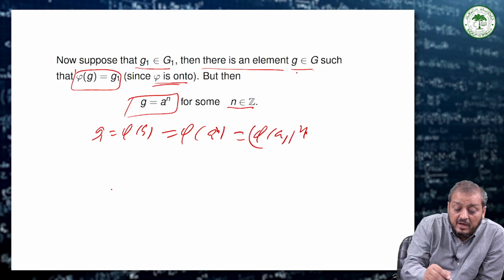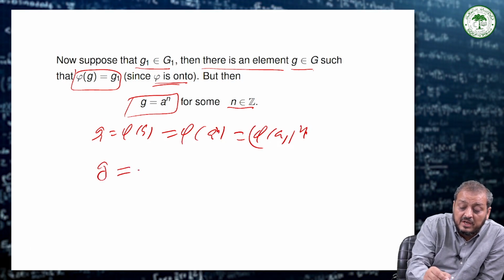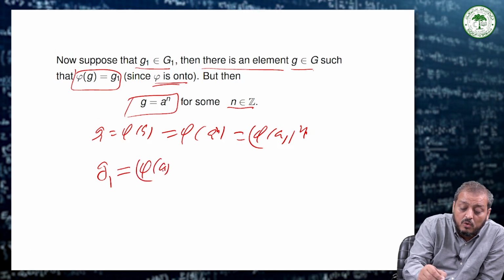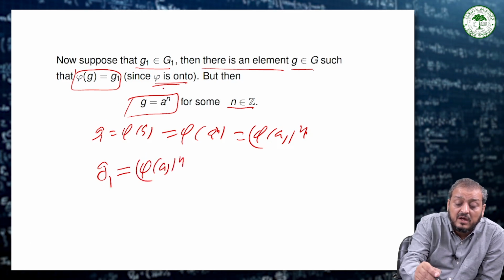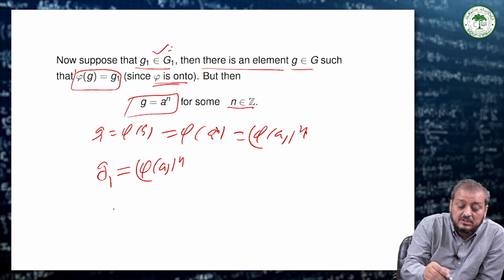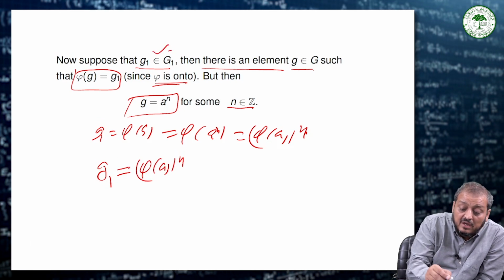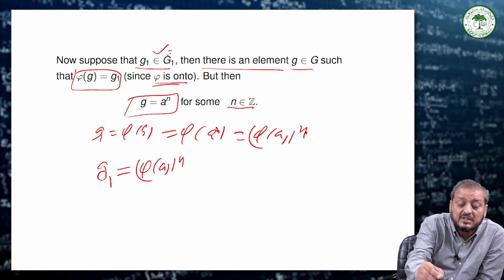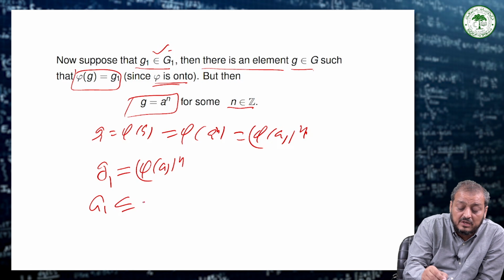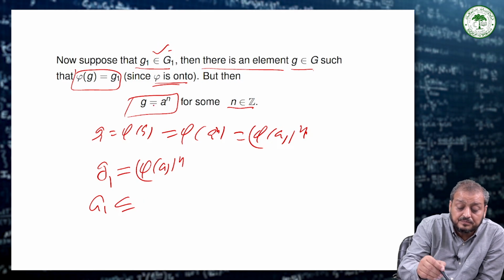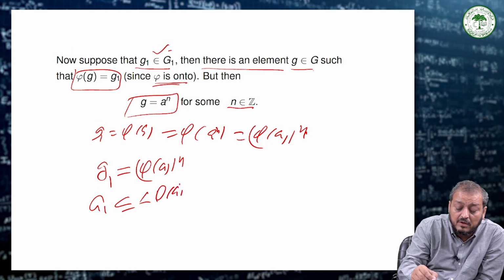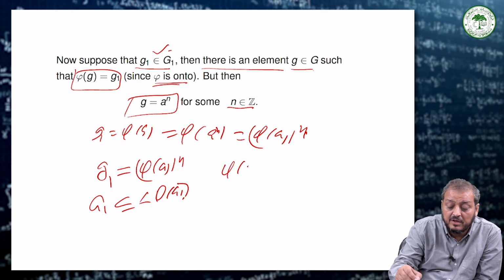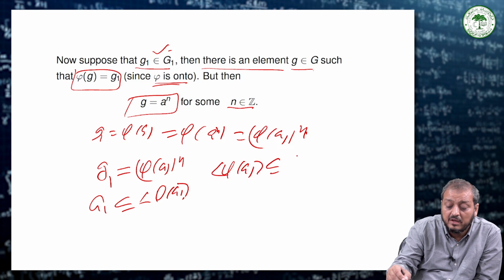So g1 can be written as phi of a whole to the power n, and g1 is an element of G1, so we can say that g1 is contained in the group generated by phi of a. And already the group generated by phi of a is contained in G1.